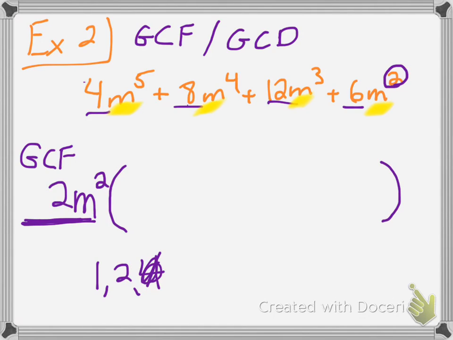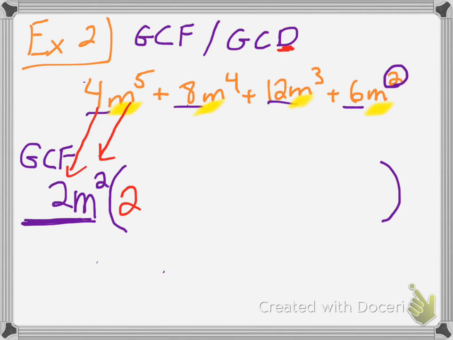What do we do with the rest? Well, what we're going to do is take each term from the original problem and divide it by that greatest common divisor. So 4 divided by 2 is 2. Now right here, let's go to the side here. m to the 5th, and I want to divide that by m squared.